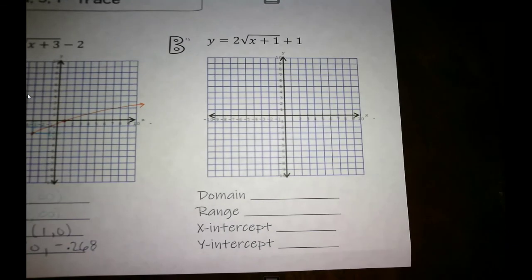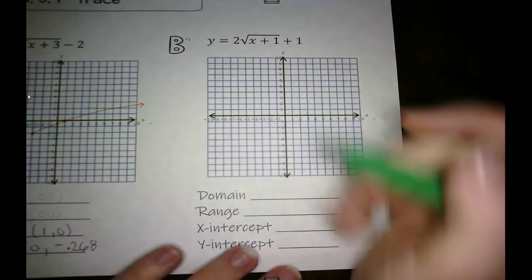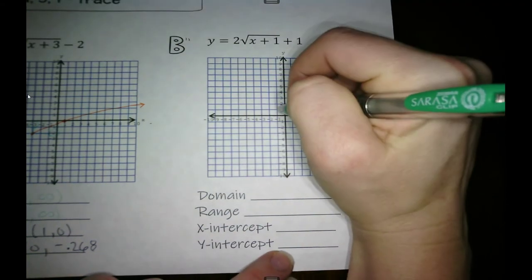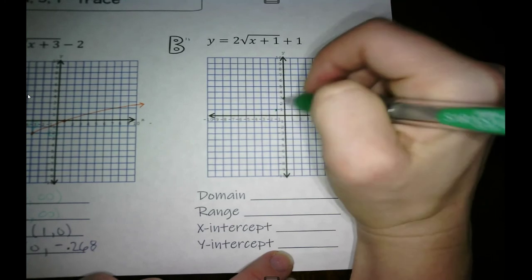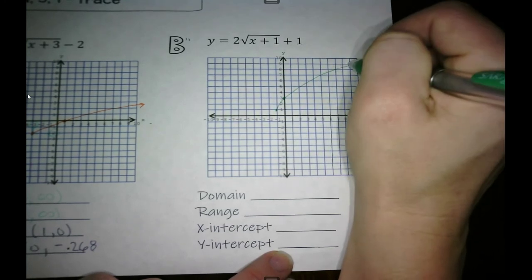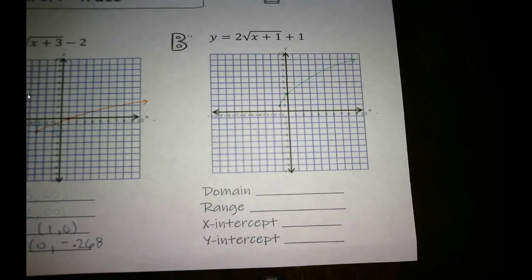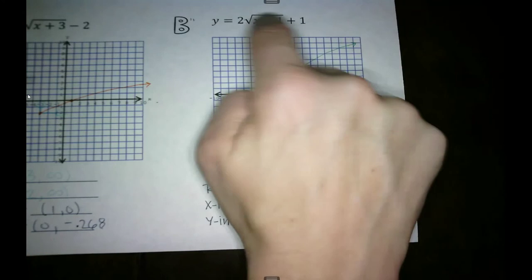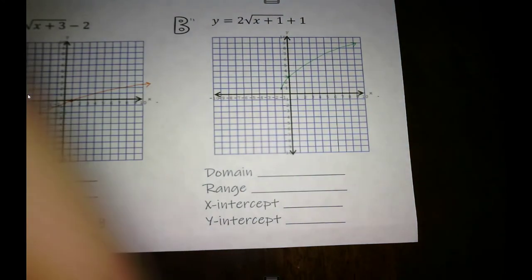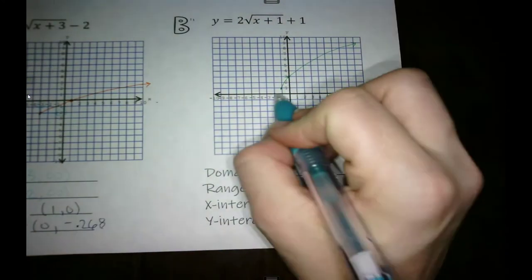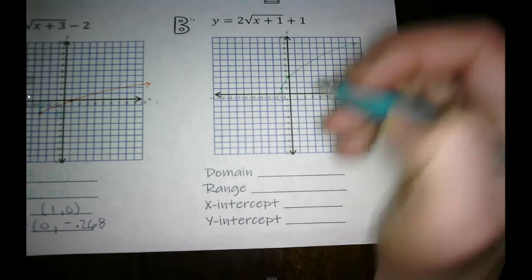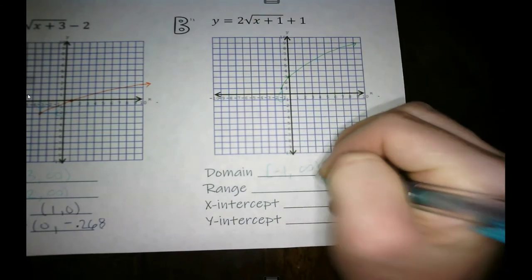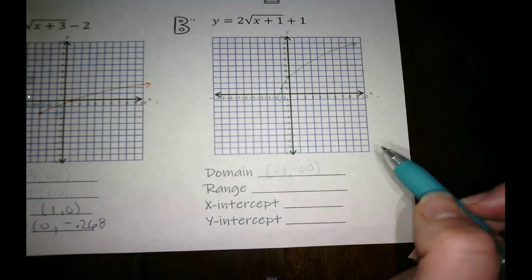Okay, let's look at this one. So again, I'm going to do the graph here, and then we're going to look at the attributes. So again, you want to put this into a calculator to see the graph. Let's look at domain. So your x's, the leftmost x is -1. It goes on forever to infinity.